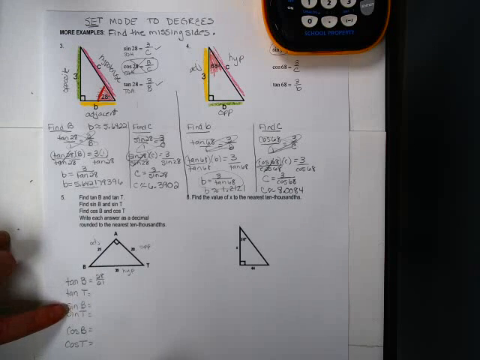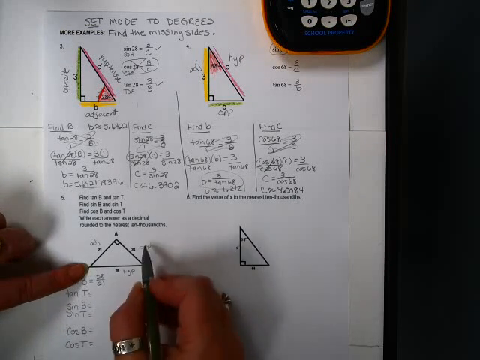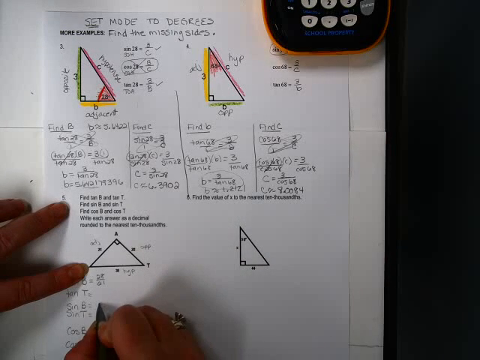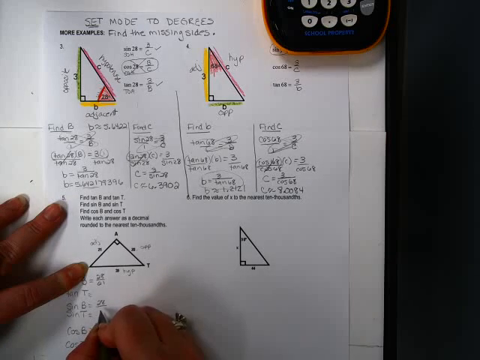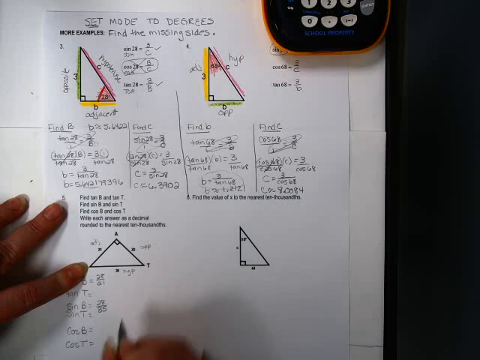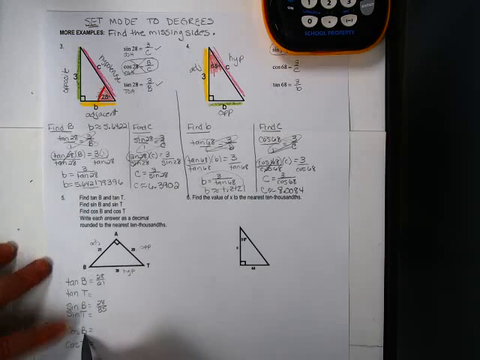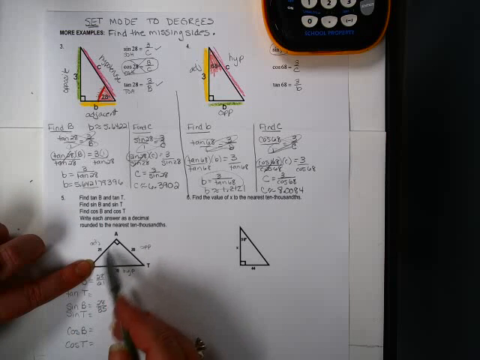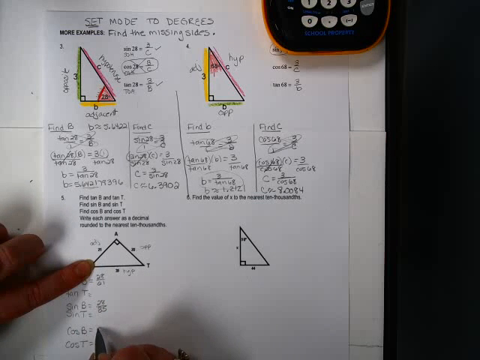Sine, remember SOH CAH TOA, that's going to be opposite over hypotenuse, so that's 28 over 35. And then cosine is going to be adjacent, which is 21, over hypotenuse, 35. So 21 over 35.